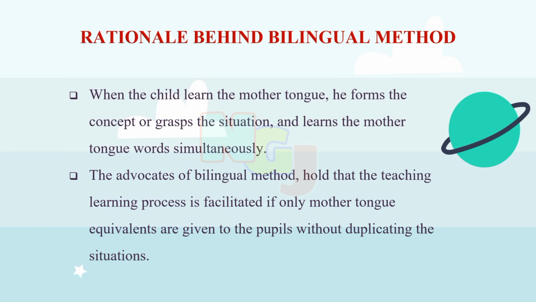So, it is easy to learn a mother tongue, and hence the people who proposed this bilingual method felt that the teaching learning process is easily facilitated if mother tongue equivalents are given to the pupils without duplicating the situation. So they felt that learning English is easily facilitated by giving mother tongue equivalents.